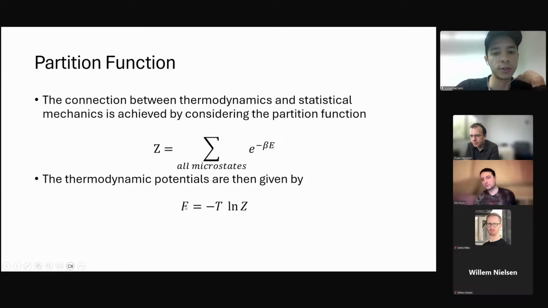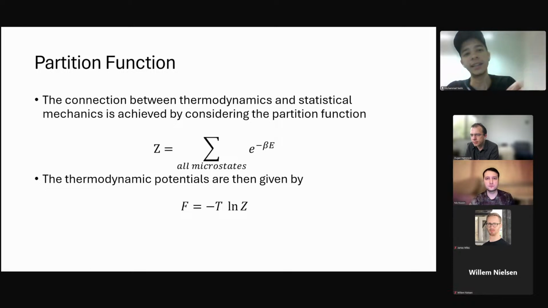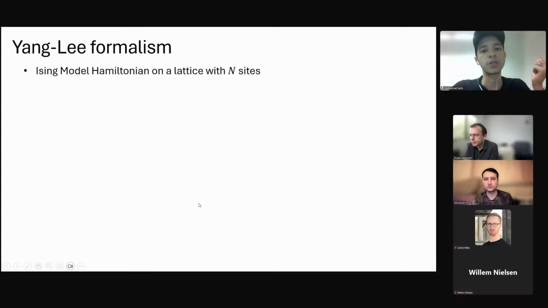So if F is discontinuous, this should be somehow reflected in Z. And this was called the Yang-Lee formalism. Yang and Lee in 1952 said, okay, rather than studying phase transition from free energy and so on, we're just going to study it from the point of view of statmech.